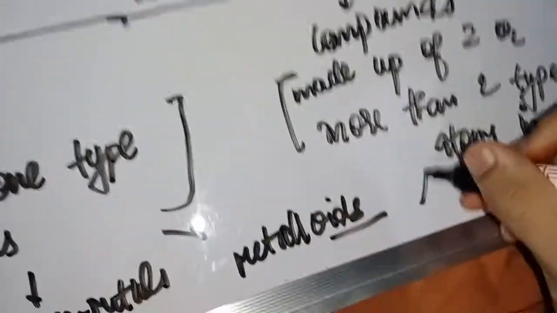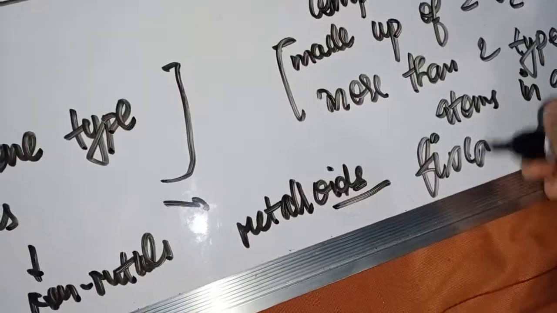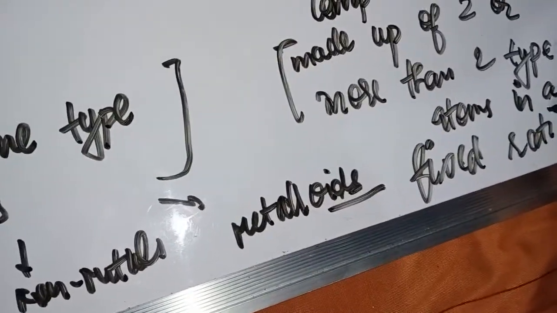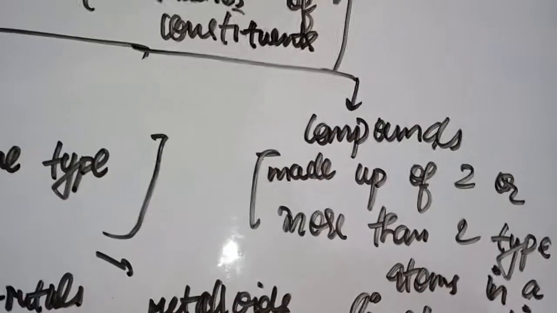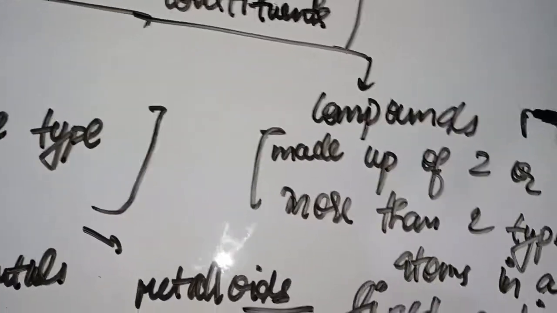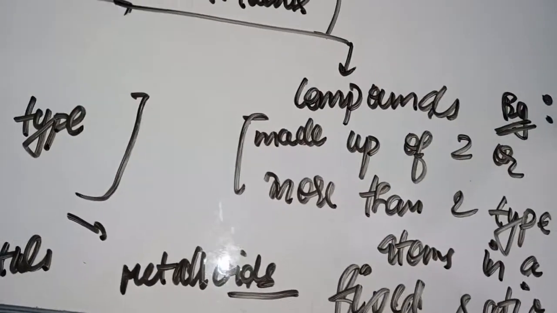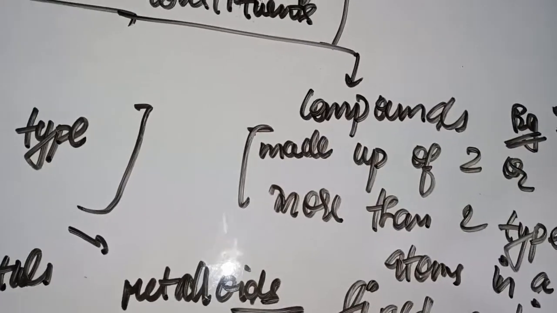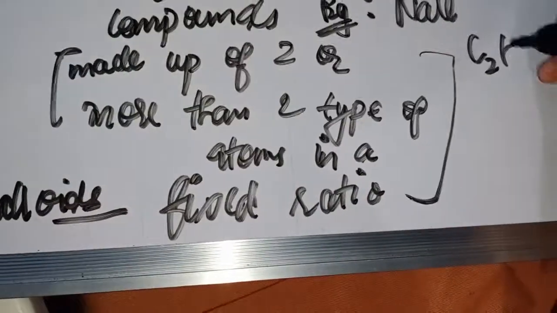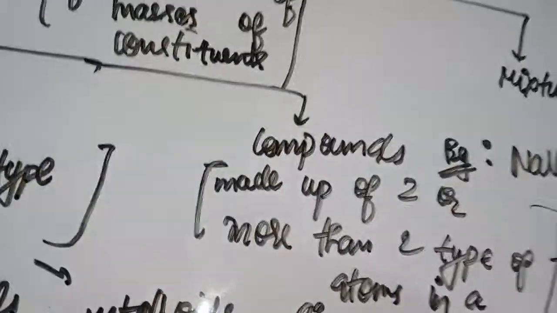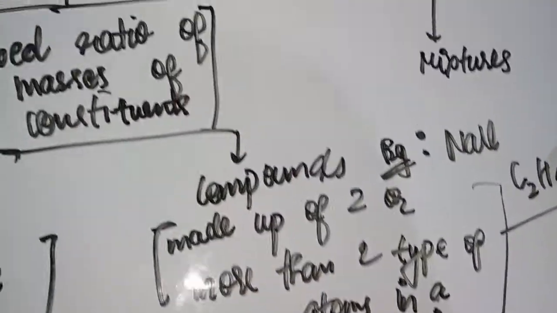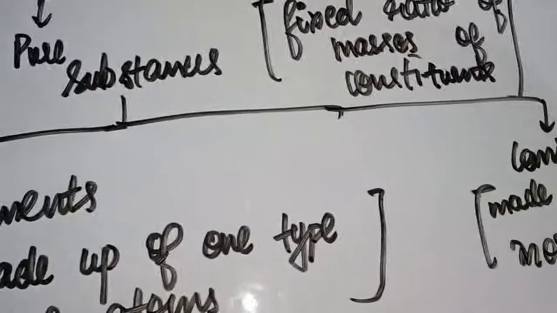Atoms can be more than one, but the ratio must be fixed. Please note this in the chemical classification of pure substances. Now what can be examples of compounds? Examples can be NaCl is a compound, alcohol is a compound. There can be so many examples. You all know what compounds are. Now let's move to mixtures.